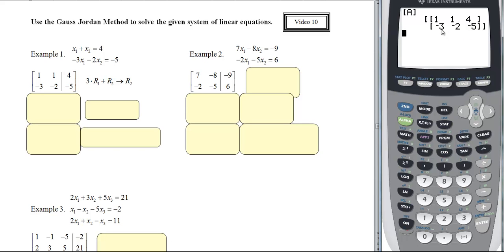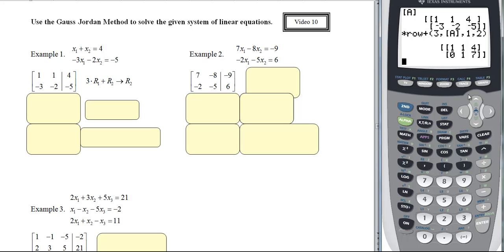Alright, so let's go make this position a 0. Second inverse key, over to math, up, because I want multiply and add, so I want that particular item. 3, comma, second matrix for matrix A, comma, 1, comma, 2.